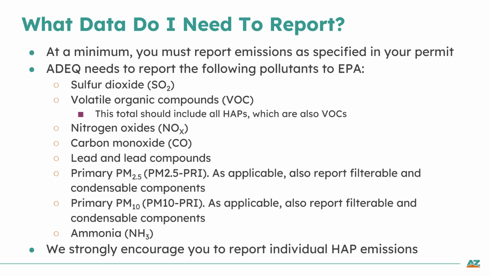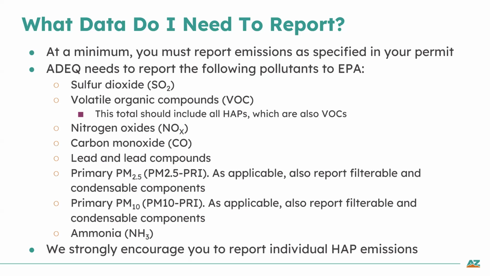In terms of what pollutants to report, we ask that you report all pollutants outlined in your permit at the minimum. In most cases, these pollutants are sulfur dioxide, volatile organic compounds, which should include all hazardous air pollutants, which are also VOCs.